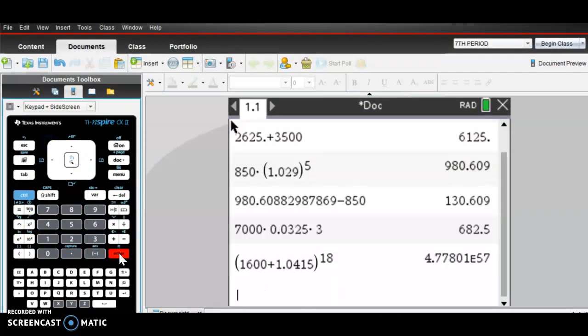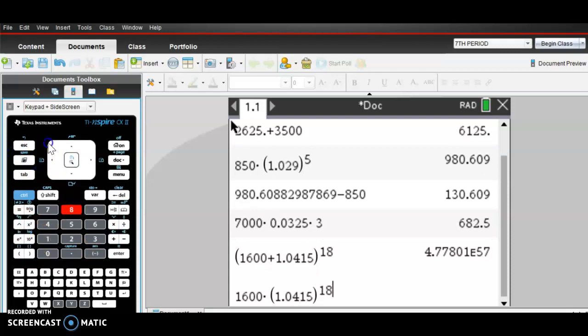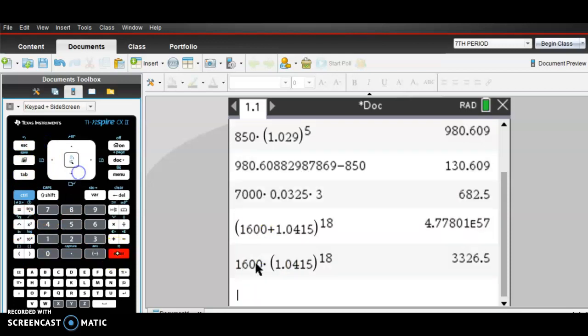Okay, so we got an E number, which is, oh, I apologize. We need to go back. My parentheses went around my 1,600, so that's not correct. So 1,600 times parentheses 1.0415 to the 18th power. That looks much different because otherwise they were adding first and we don't want that. That's much better.